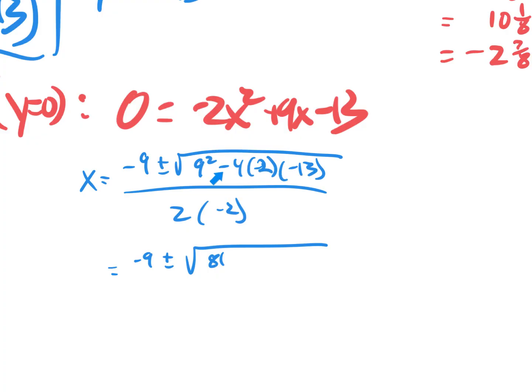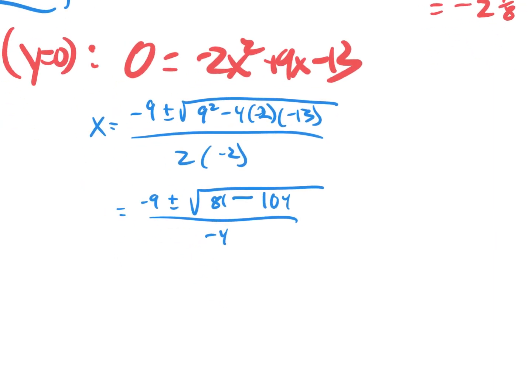Now, I like to think of this as negative 4 times negative 2 times negative 13, which means this whole thing is going to be negative. 4 times 2 is 8. 8 times 13 is 104. Now this is a negative number.